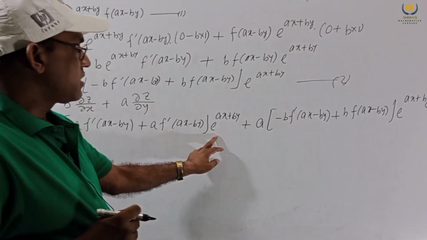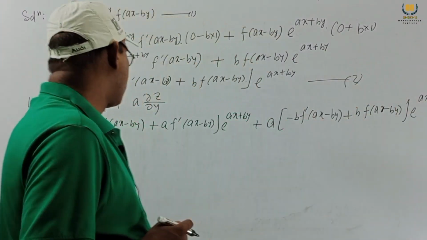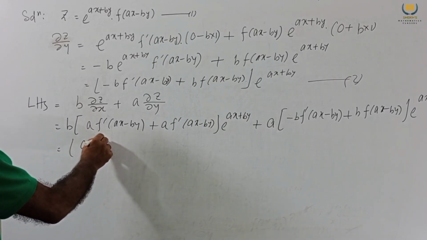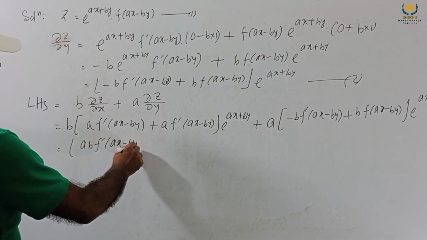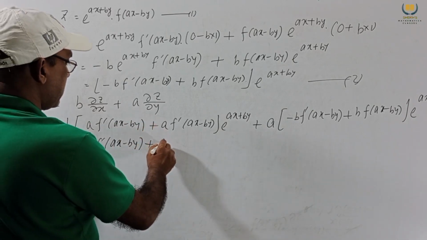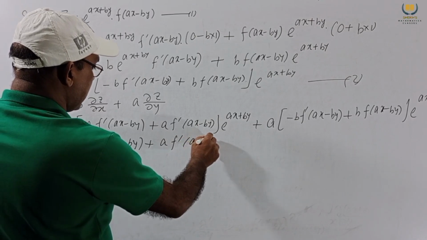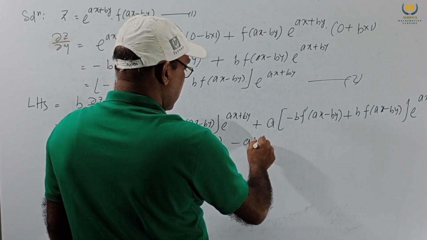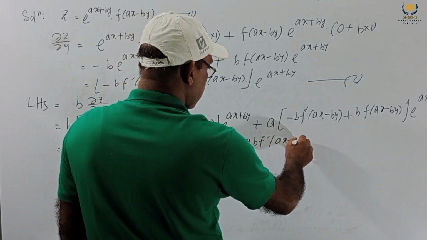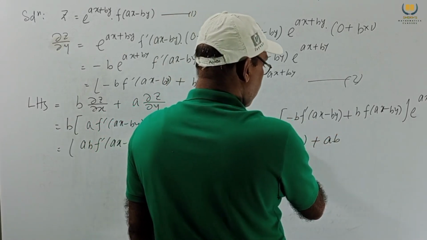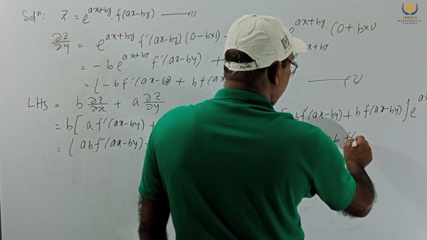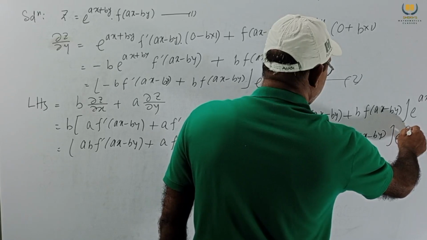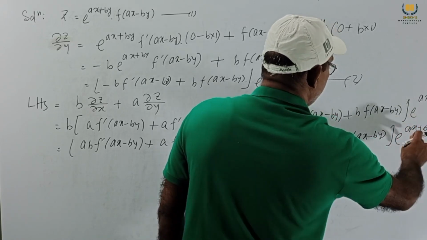From these two terms, e^(ax+by) is common, and multiplying b within the bracket, we get ab f'(ax−by), and this one common, and this is minus ab f'(ax−by) plus ab f(ax−by), and e^(ax+by) is common.